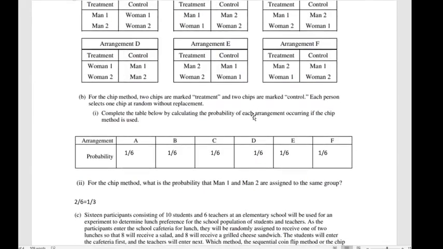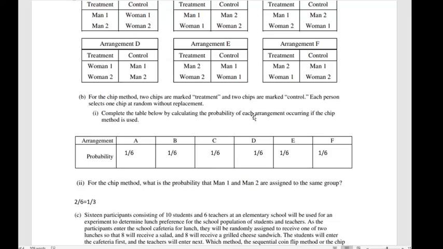In part B, where we're using chips, they've got 4 chips and they're basically drawing those randomly, so they are going through each person and randomly assigning them a group.